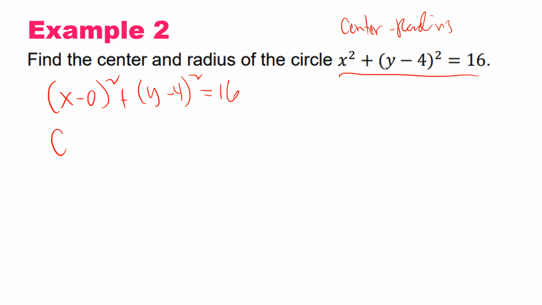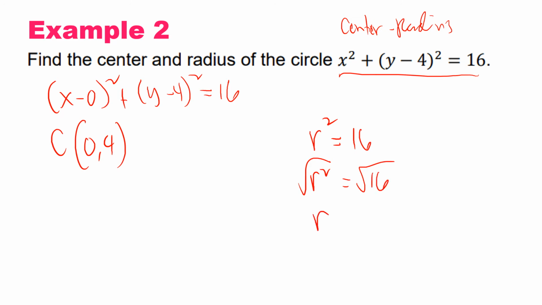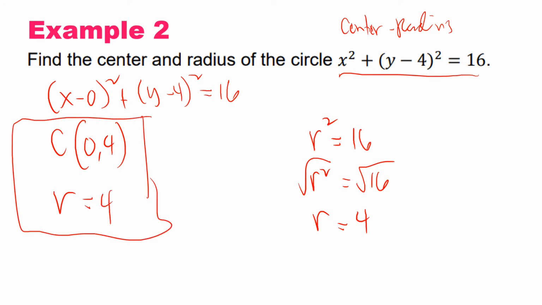So therefore, the center must be 0 and positive 4. Okay? And then the radius can be found by using equation r squared equals 16. You get the square root of both sides. So r equals 4. So therefore, the radius is equal to 4. So this is your final answer.